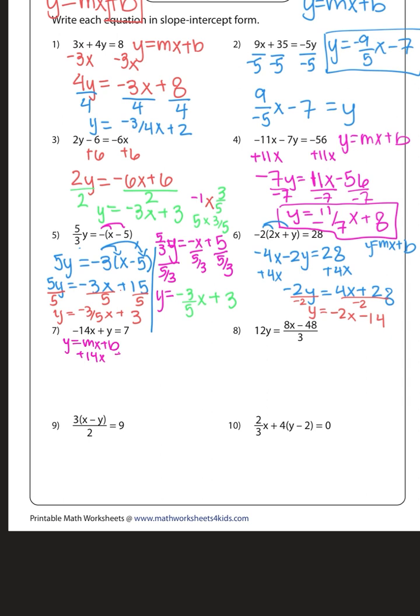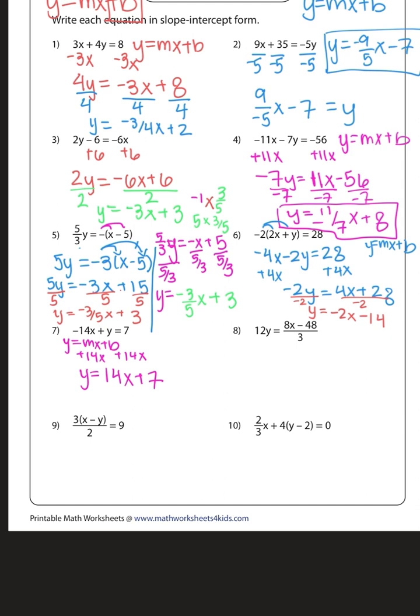So you add 14x, add 14x, and we get y is equal to, not negative, but positive 14x plus 7. To make sure you have a nice view, the final answer is y equals 14x plus 7.